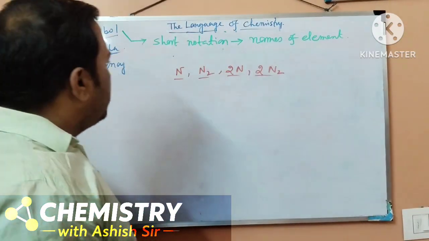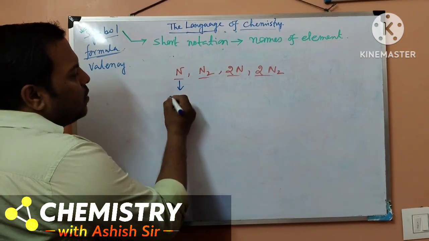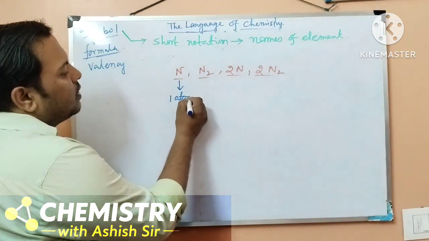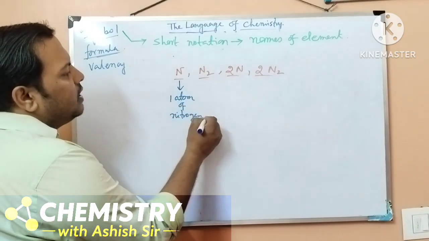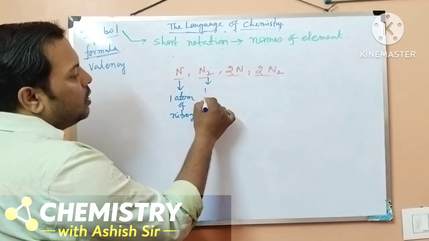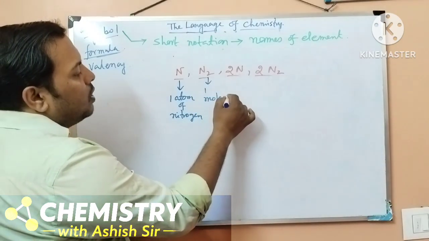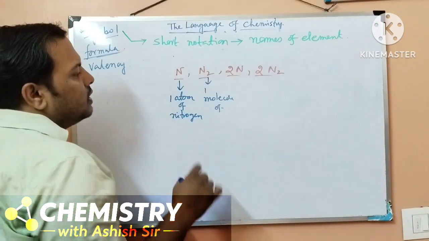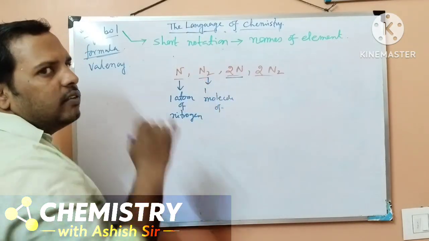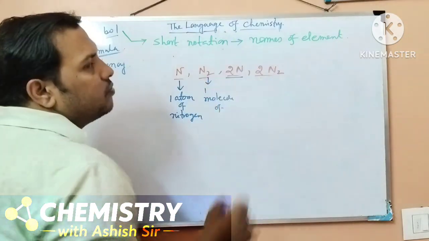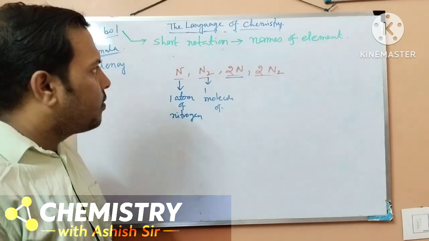First of all, N is one atom of nitrogen. Nitrogen is an element. N2 is one molecule of nitrogen, which is also an element. 2N is two atoms of the element, and 2N2 is two molecules of the element nitrogen.